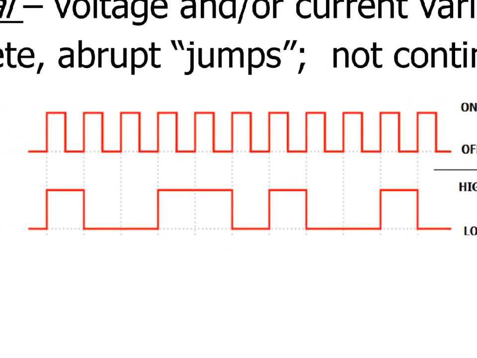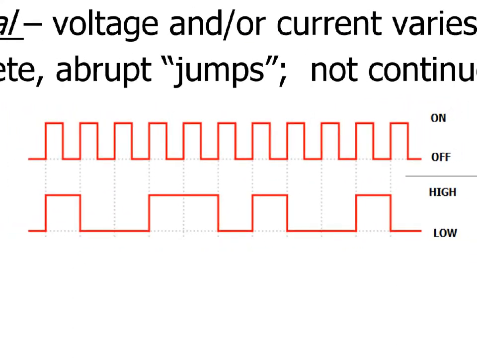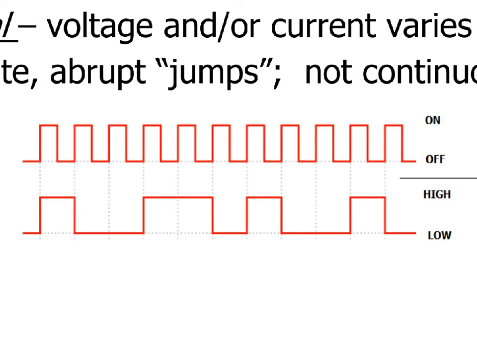I've got on and off and high and low as examples of how you might define these, and they're going to look like this. Either your signal is off or your signal is on. There is not a smooth curve in between. It just jumps. Suddenly on, suddenly off.